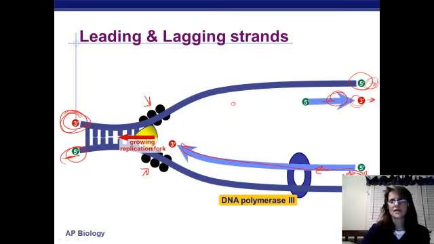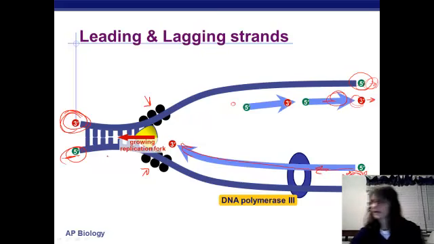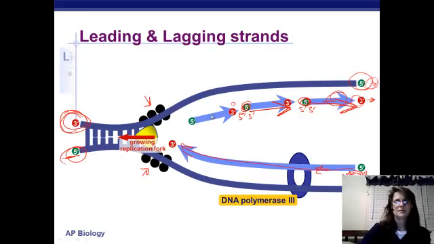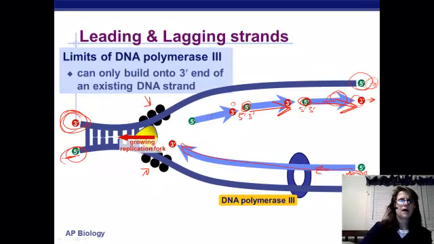So what we do instead is we start putting a primer, say, right there. And so if that's 5 prime, this is the primer, the 5 prime is here, 3 prime there, we're going to add and move that way. Then we put a little more primer down, 5 prime here, 3 prime here, we're going to move that way, and so on.